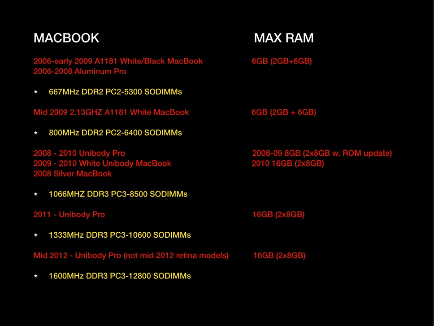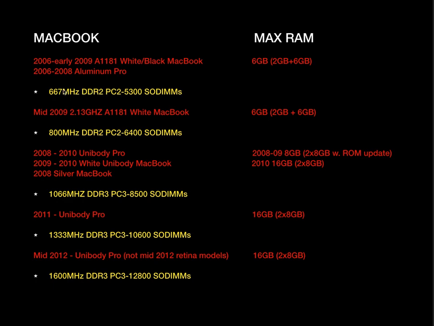So if you just need the hard data on what MacBooks take, this is it. I wanted to front load the video, so if this is all you need, then you don't have to listen to me ramble for 20 minutes. You've got the type of computer, the years, and the max they can take, and what's in yellow here is basically what you want to search eBay or Amazon for.